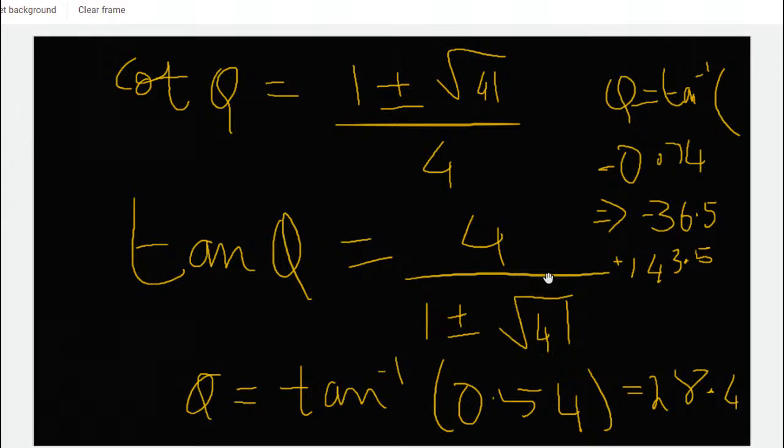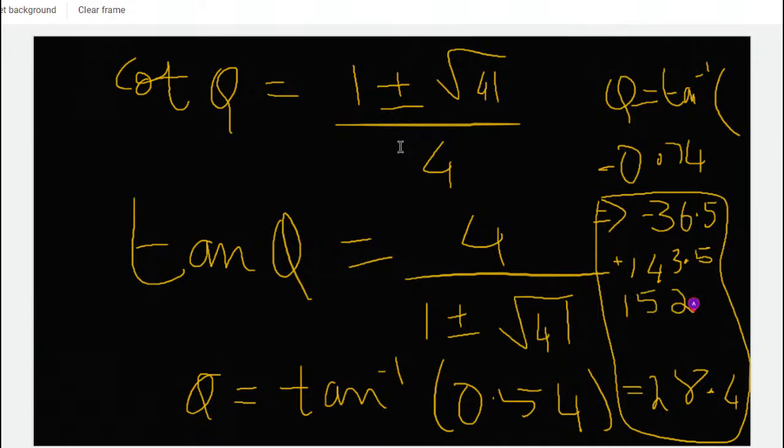And then 2.4. Okay, that's it. The other one for minus 28.4 degrees would be 151.6? Yes, 152 degrees. So for 28.4, it would be 28.4 and 152 degrees.